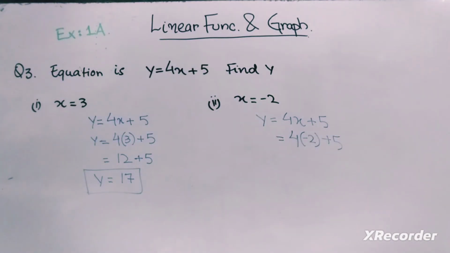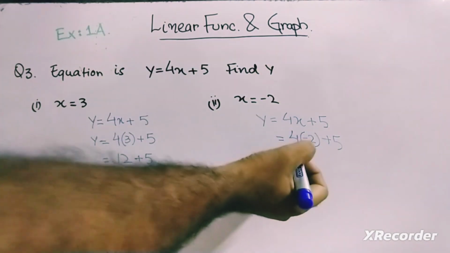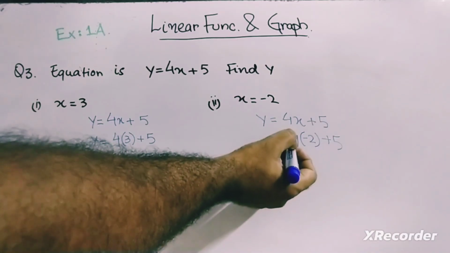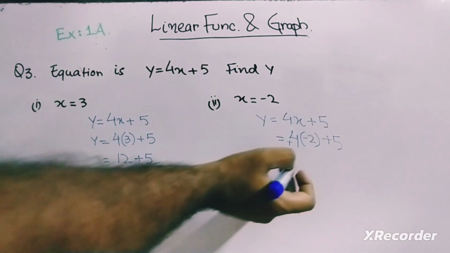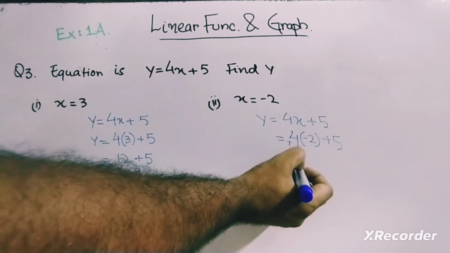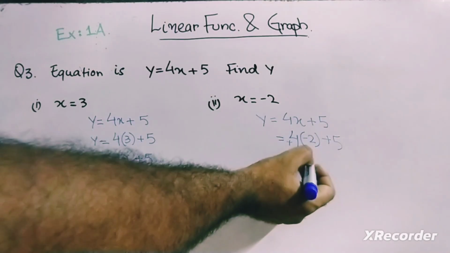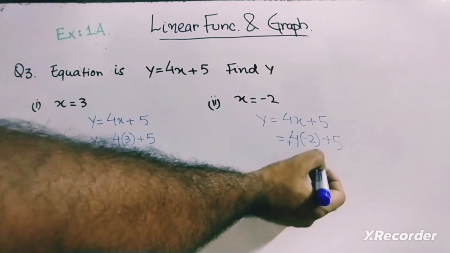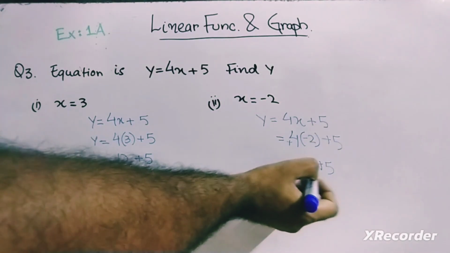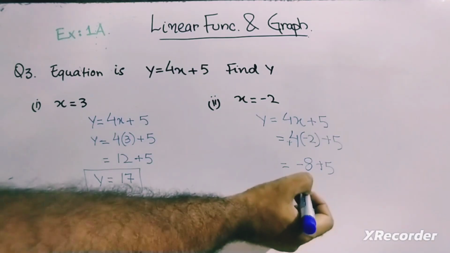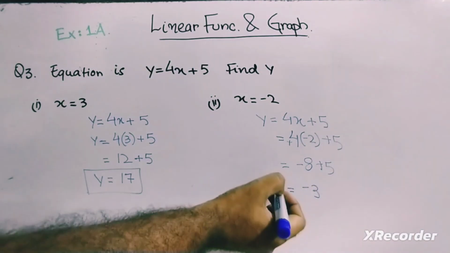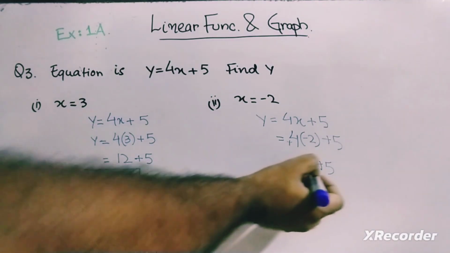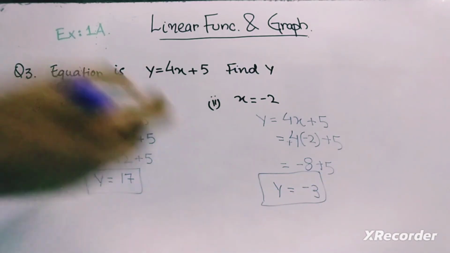Now 4 times minus 2 is, plus times minus gives minus, 4 times 2 is 8, so minus 8 plus 5. Minus 8 plus 5 is minus 3. So y is equal to minus 3. This is the answer of our second part.